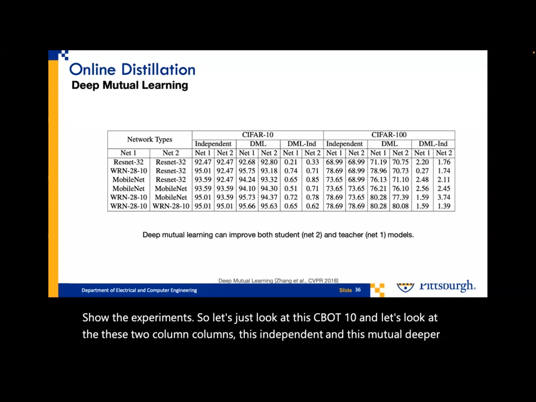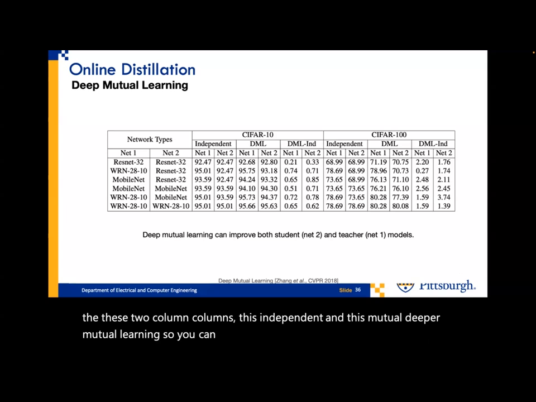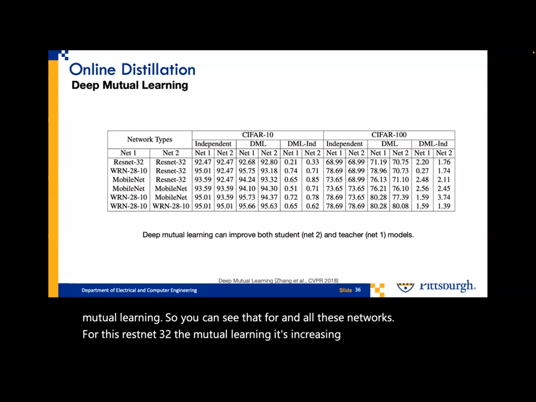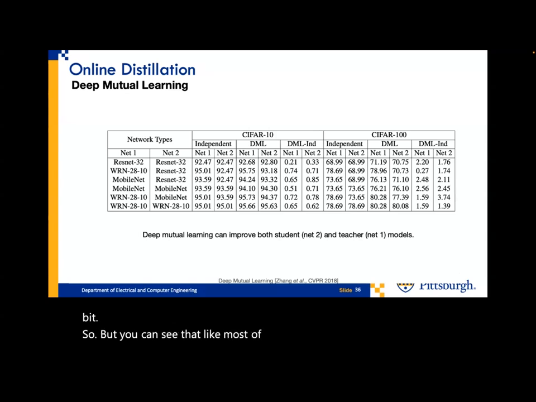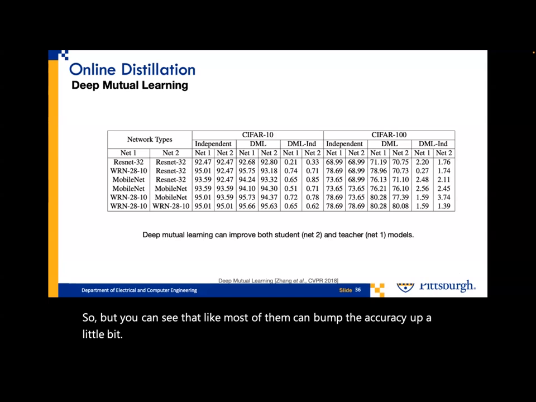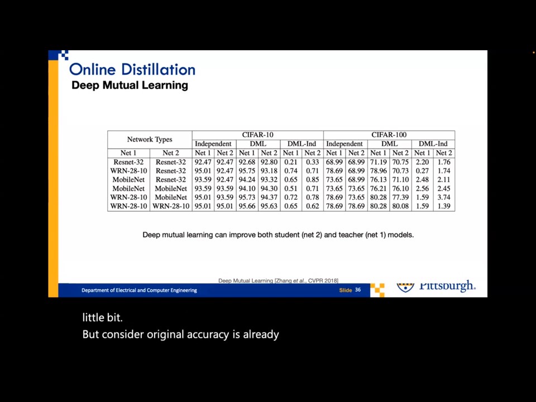You can see that in all these networks, for example ResNet-32, mutual learning increases the accuracy a little bit. Most of them can bump the accuracy up a little bit. But considering the original accuracy is already very high, even that small increase is something.